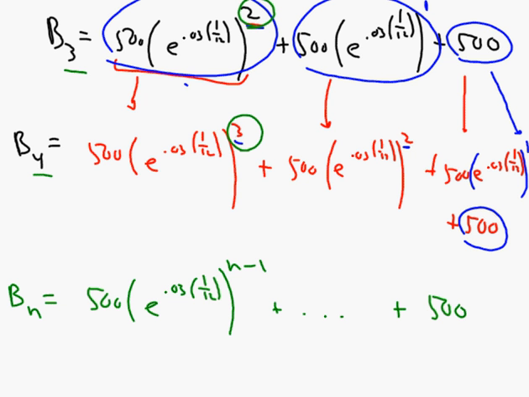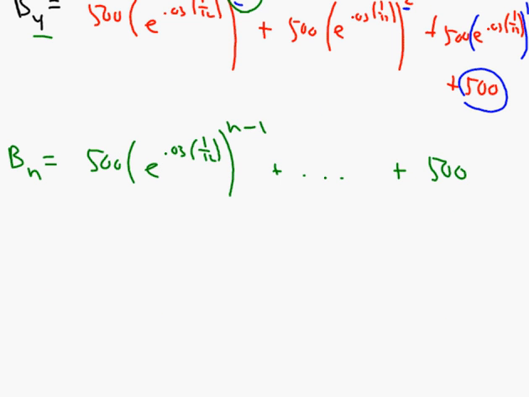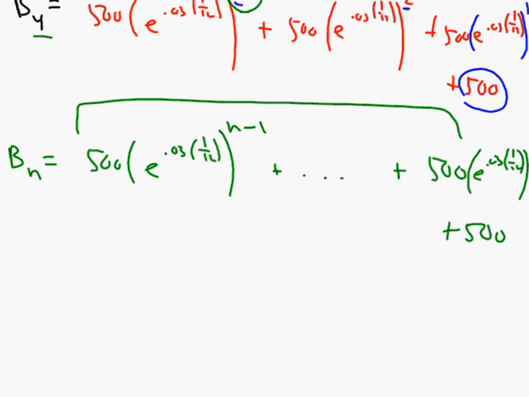Okay, so what I'm hoping you look at now is you realize, hey, wait a minute, this is actually a pretty special sequence. Let me just write in a few other terms that I didn't show. Like, for example, this might have been 500 e to the 0.03 times 1/12. Plus that last $500.